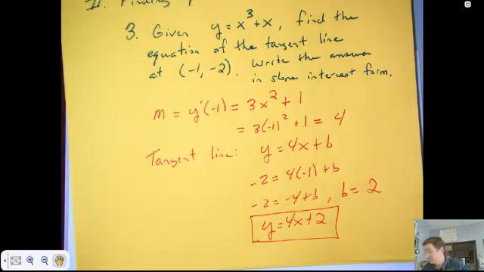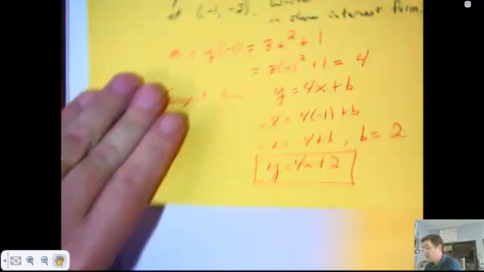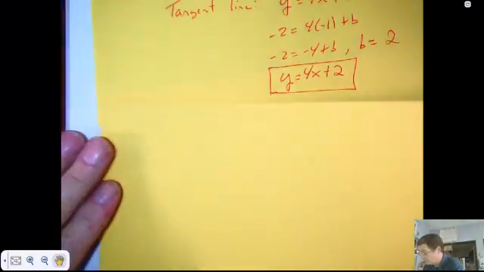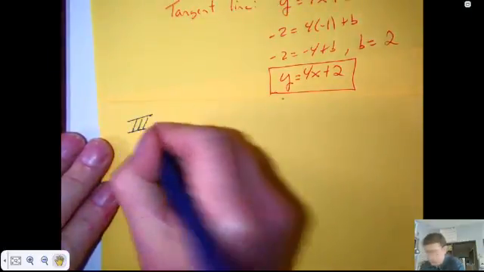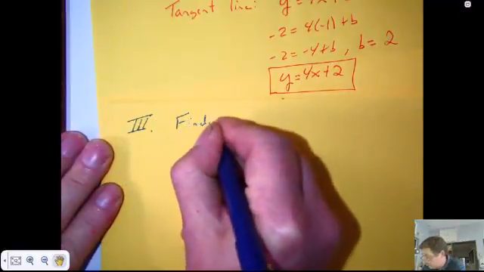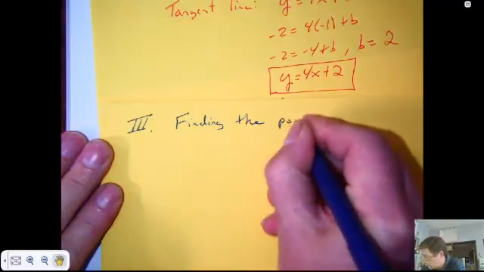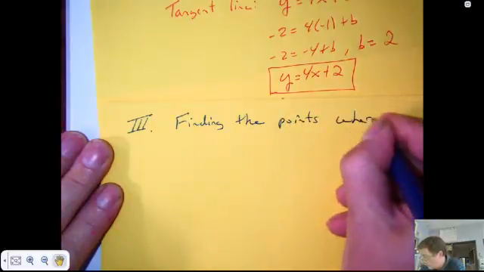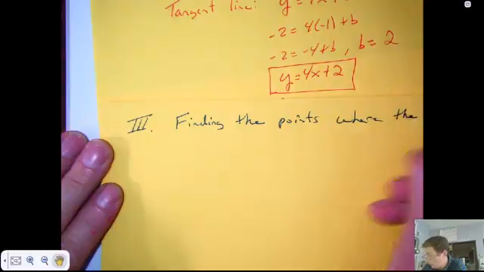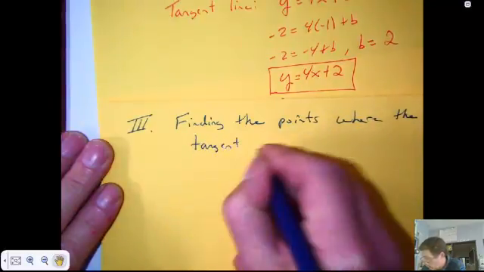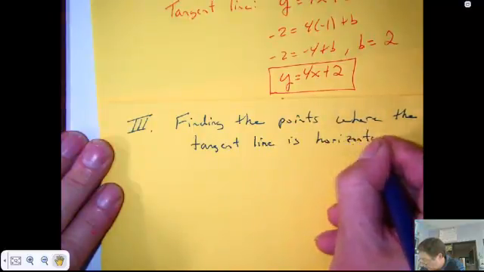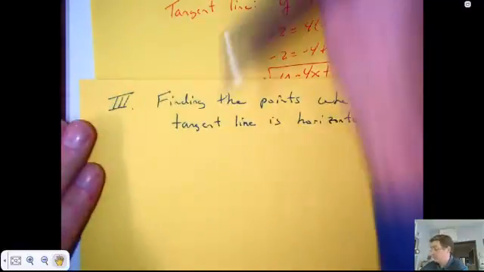Okay, the last type of question is finding points where the tangent line is horizontal. Okay, so we're finding those.